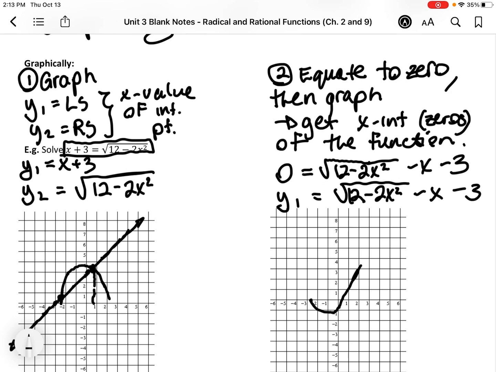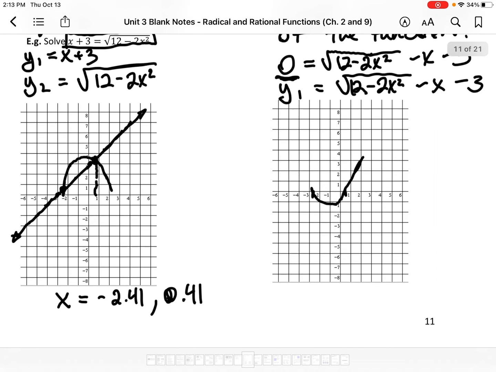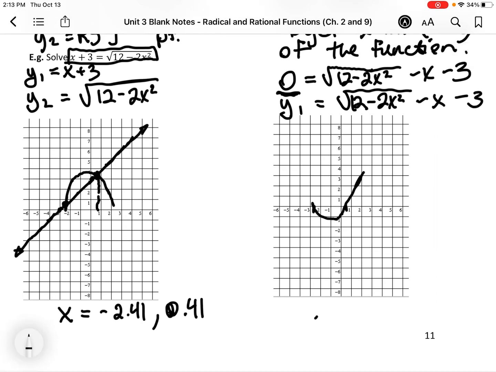Okay, roughly. The x-intercepts, however, are still the same values. Now I essentially want to know, where is y1 equal to 0? Because that's this side of the equation. So I'm looking for the x-intercepts, the values of x that make y equal to 0, and those have the exact same values. So here, same solutions, negative 2.41 and 0.41. You would just press something different on your calculator because now you're looking for zeros as opposed to intersection points.